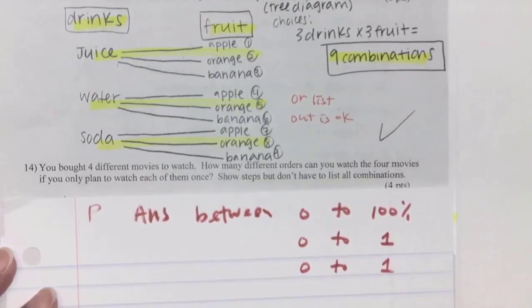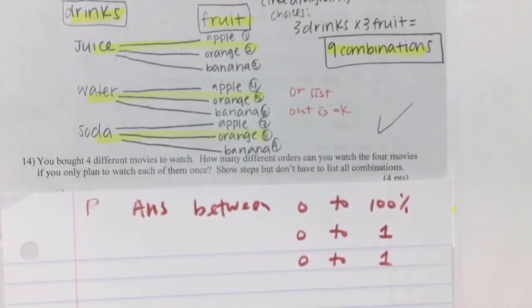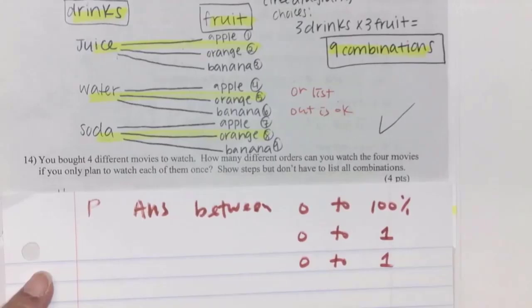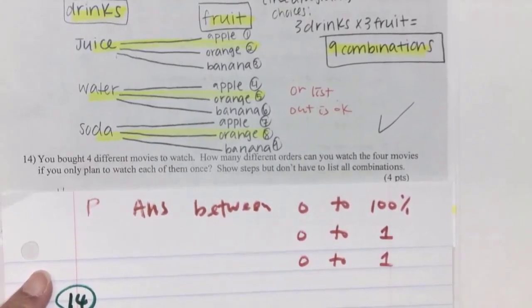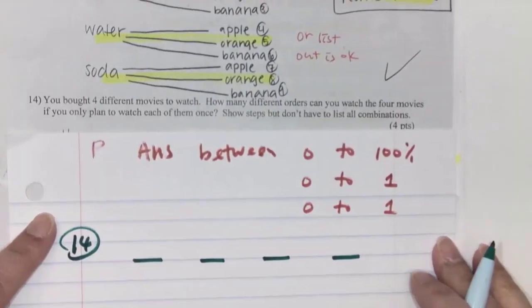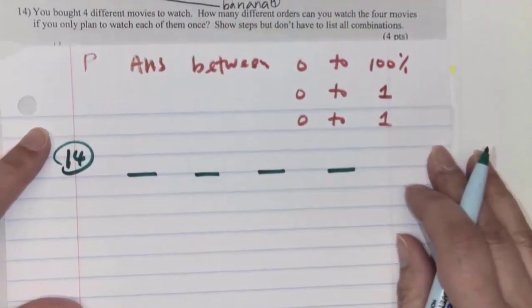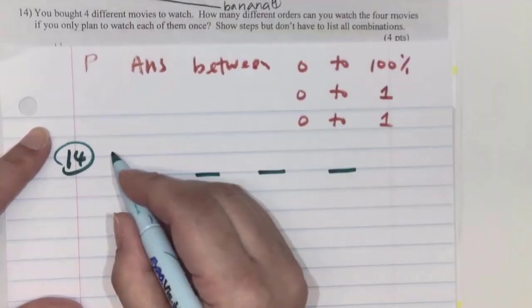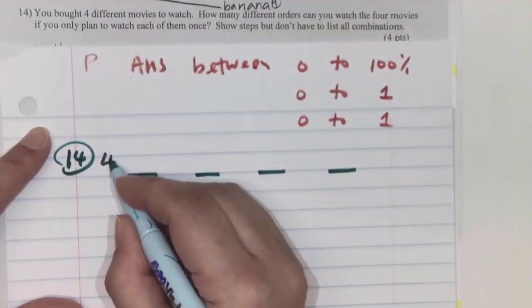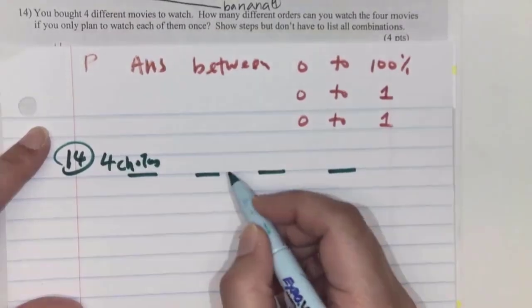All right, so if I have 4 different movies, so I have 4 slots, right? For number 14, again, this is not probability, just different combinations. If I have 4 movies, 1, 2, 3, 4. How many choices do I have when I watch the first movie? 4 choices, and I'm not going to watch it more than one time, right?